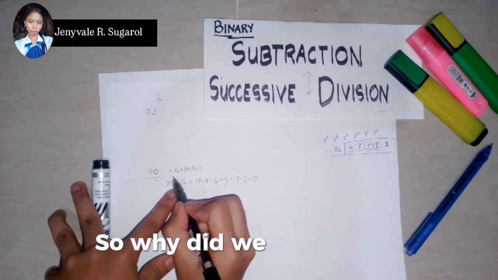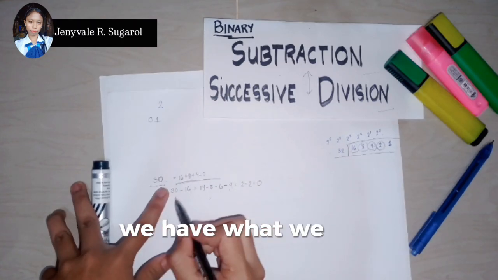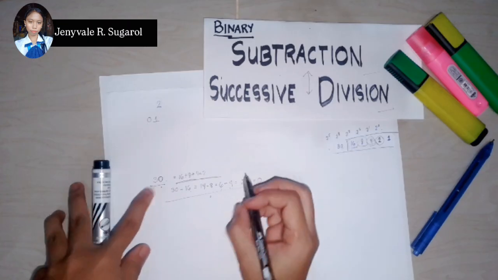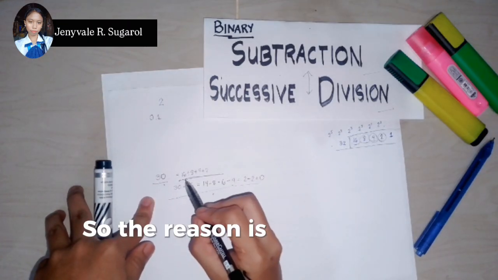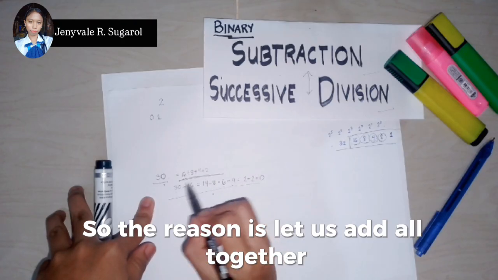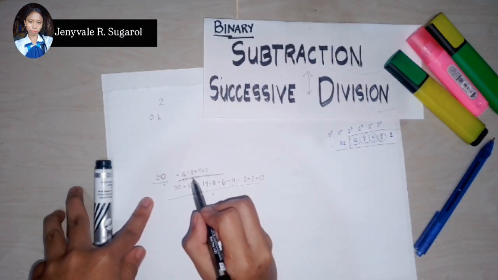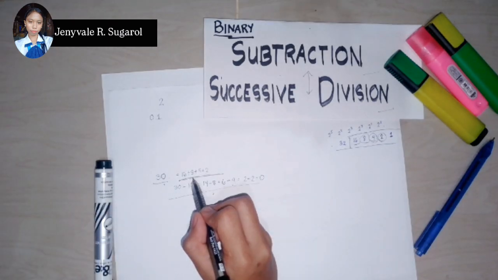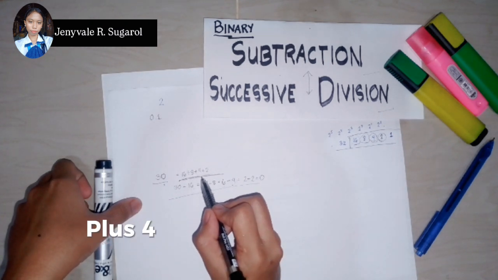So why did we add it above what we have subtracted? The reason is, let us add all together. 16 plus 8 is equal to 24. Plus 4 is equal to 28.